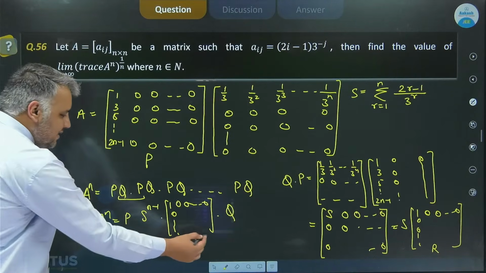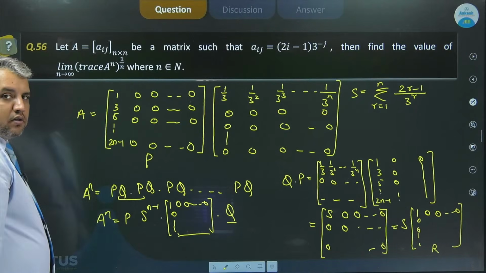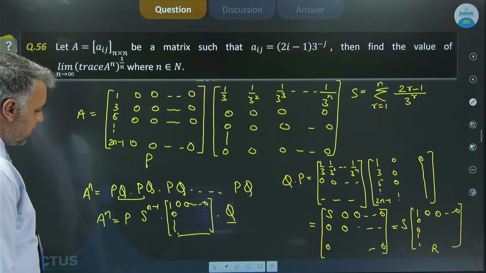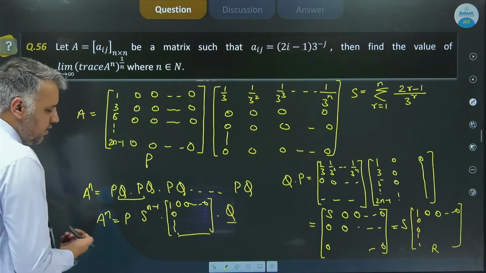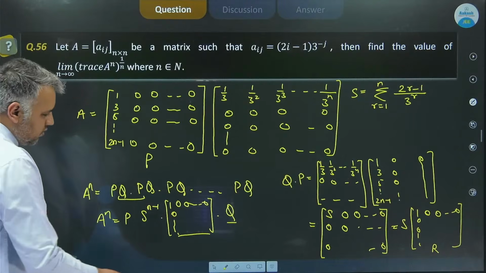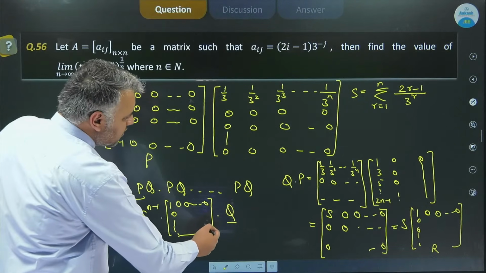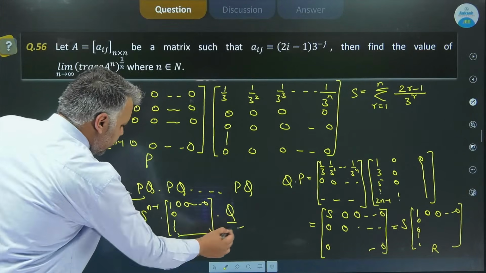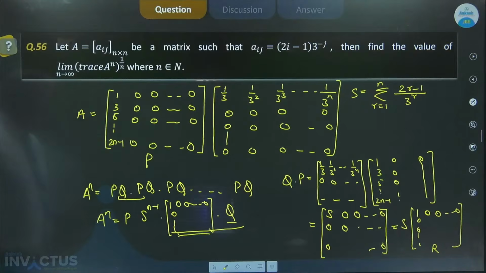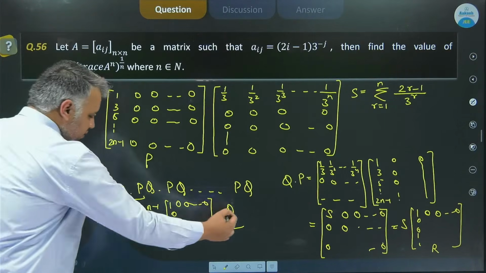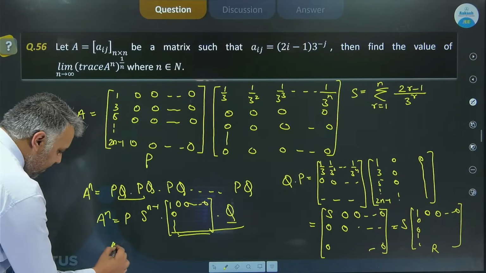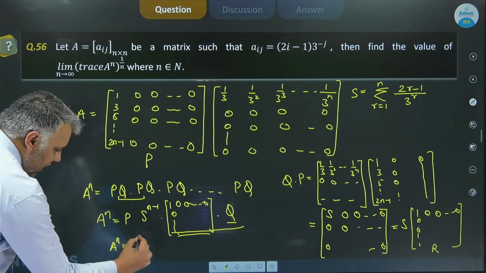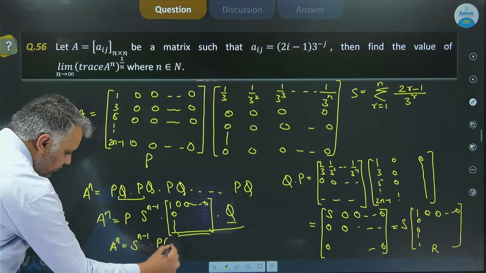If I multiply R by Q, this will be Q only. So finally A power n will be S power n - 1 into PQ.